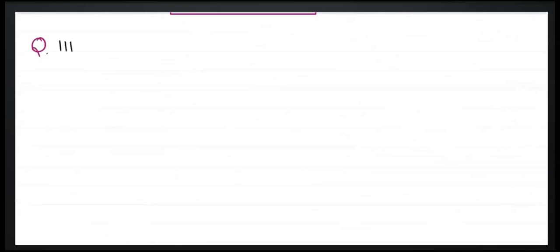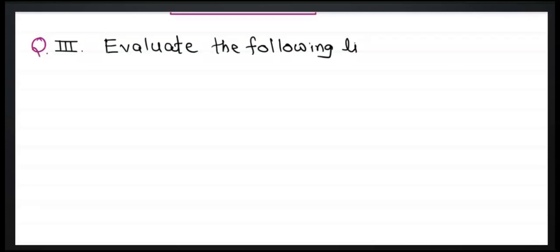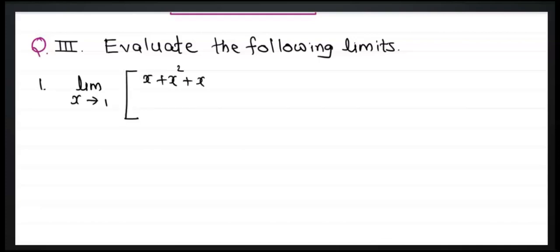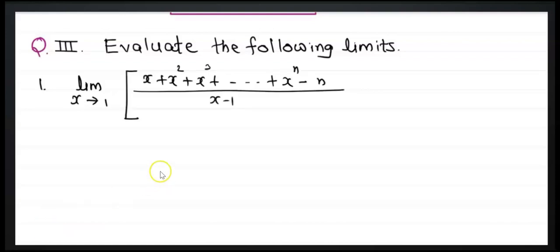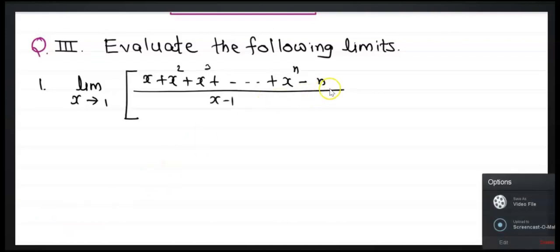Now the next is question number 3. Evaluate the following limits. First is limit x tends to 1 of (x plus x square plus x cube plus dash dash plus x raised to n minus n) upon (x minus 1). Now what's happening here?